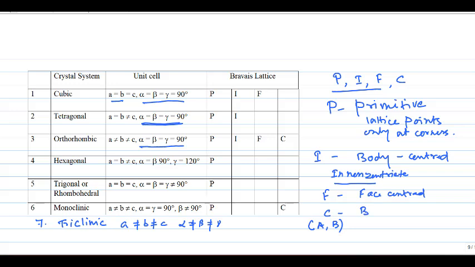This means base centered or C centered, wherein apart from corners you have lattice points at the center of 2 opposite faces.